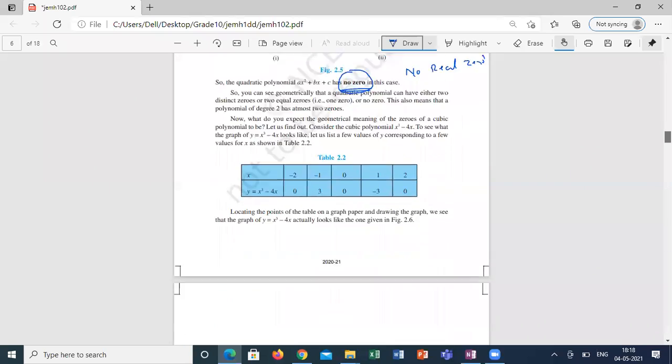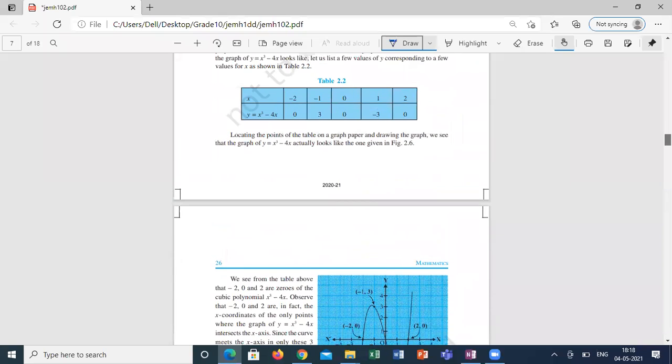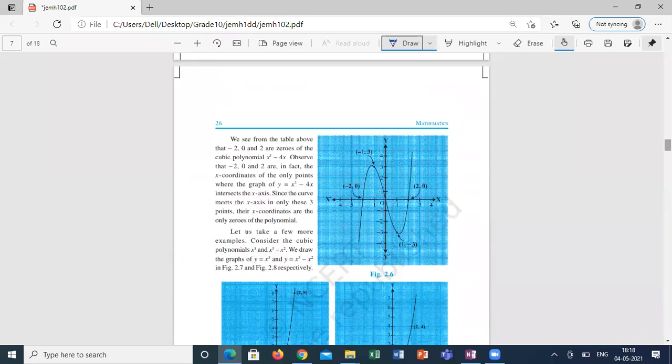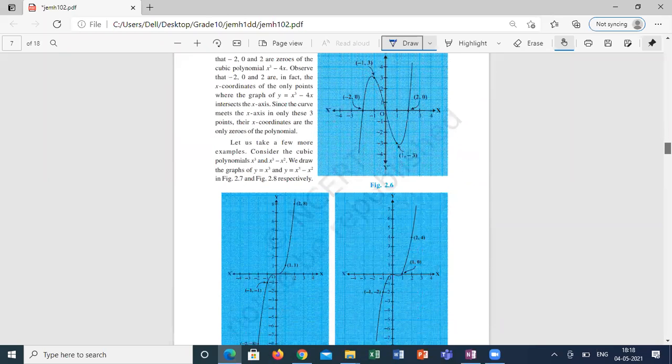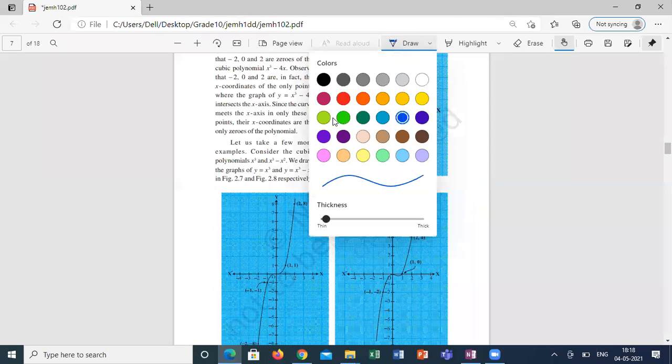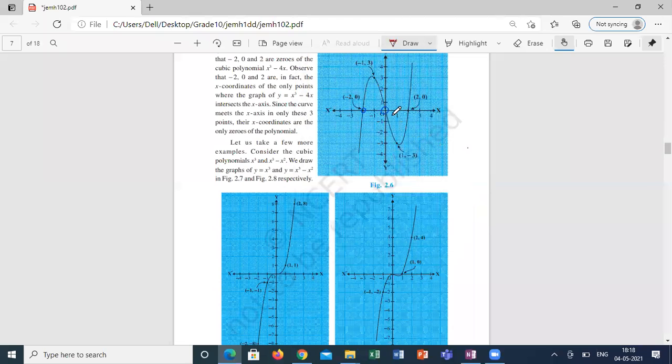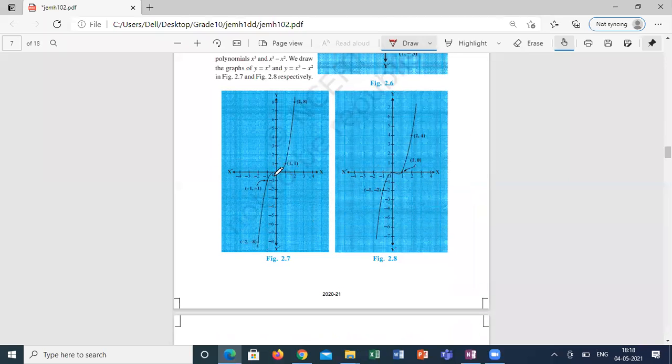See this question. How many times is it touching the x-axis? 3 times: 1, 2, 3. It's a cubic equation, intersecting 3 times. Even though it is a cubic equation, if it is touching only one time, what does it mean? 2 of the zeros are the same.